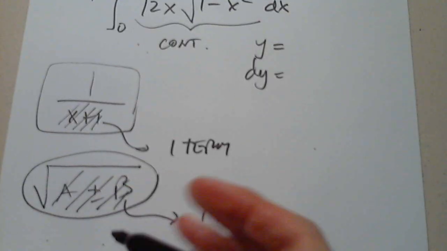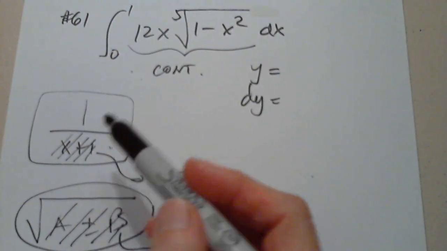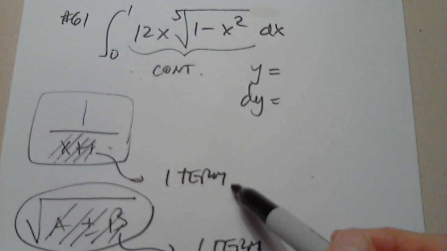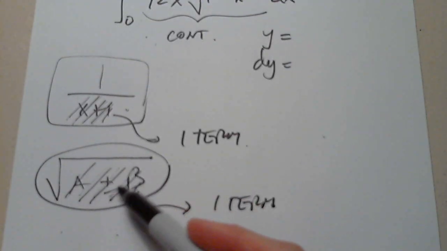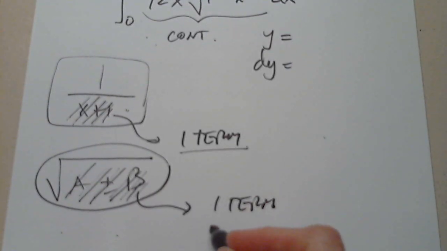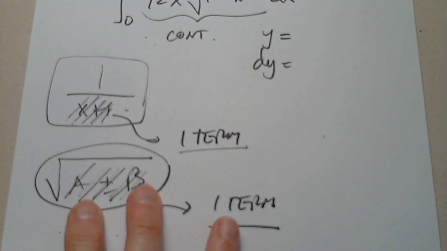Because if it's one term, then I write something to a power 1/2, 1/5, whatever. So the problem with ratios, I don't want two terms in the denominator. The problem with radicals, I don't want two terms. I want in both cases to have one term so I can simplify. If it's more than one term, I'm stuck. If it's here a sum or difference of terms, I'm stuck.